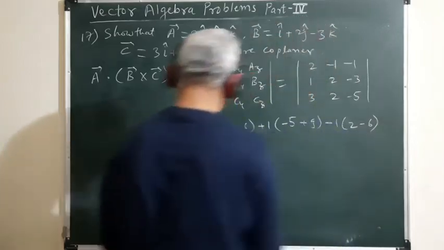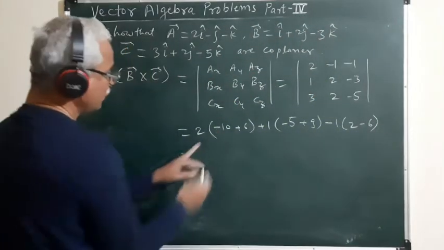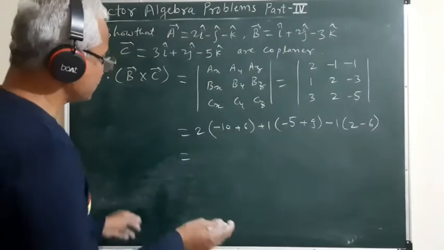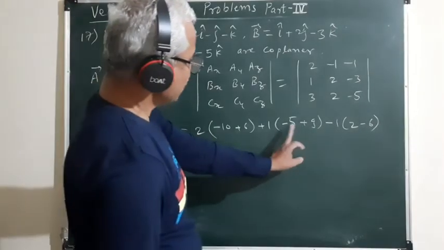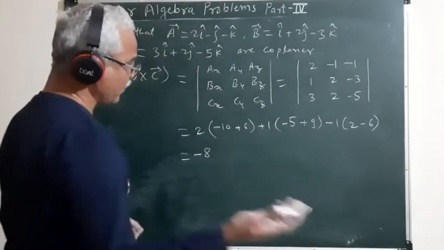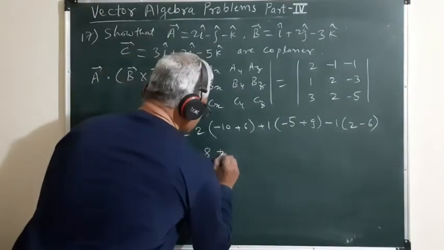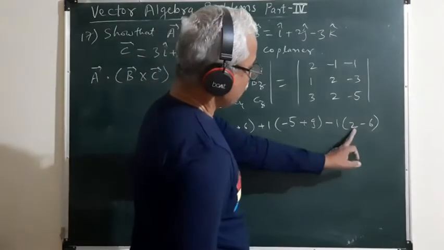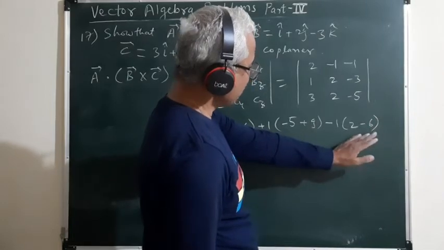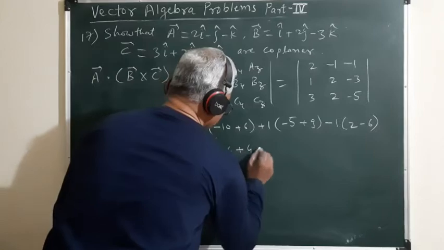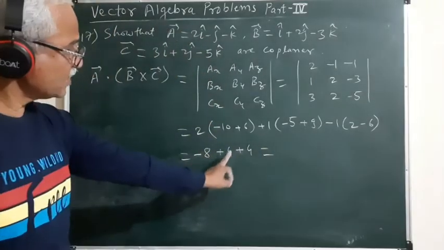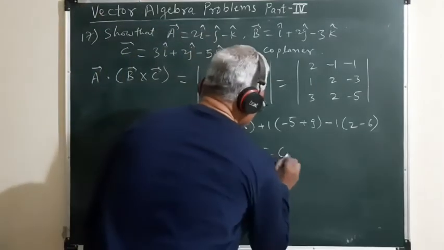So this is equal to: minus 10 plus 6 is minus 4, into 2 is minus 8. Minus 5 plus 9 is plus 4, into 1 is plus 4. 2 minus 6 is minus 4. Minus 4 into minus 1 is plus 4. So minus 8 plus 4 plus 4 is 0.